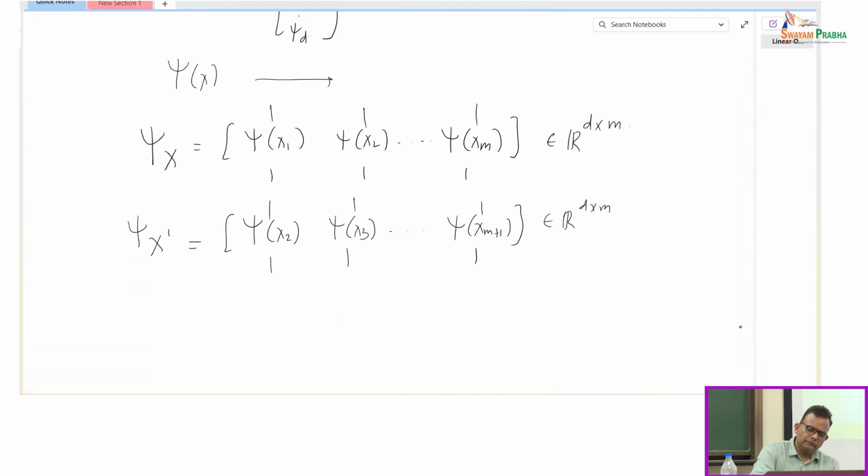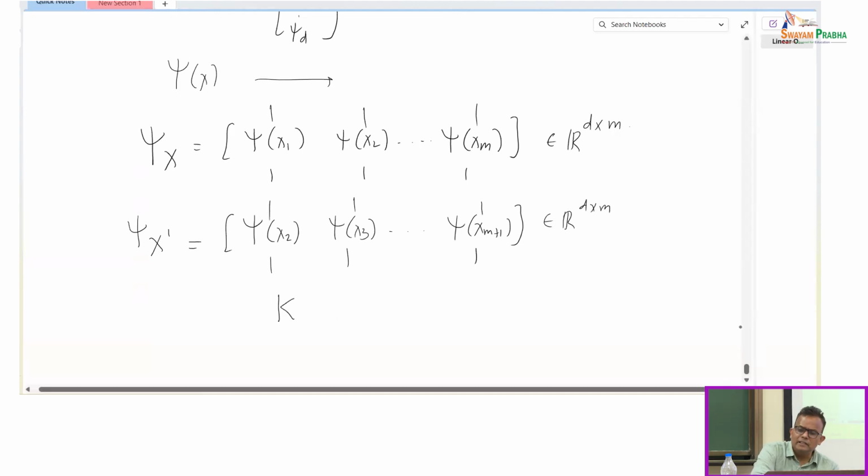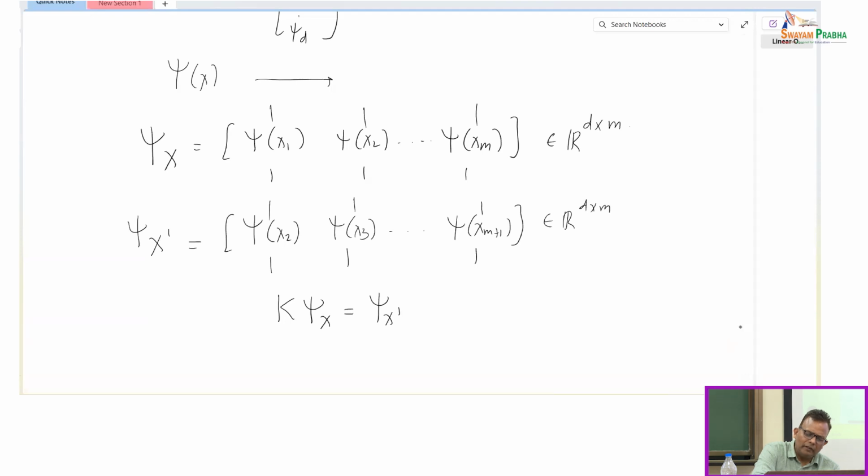Now you can again ask, what is the best matrix that can actually explain this data in the lifted space? This is my lifting function psi. So let's say if K is the matrix, K acting on psi of x should be equal to psi of x prime.